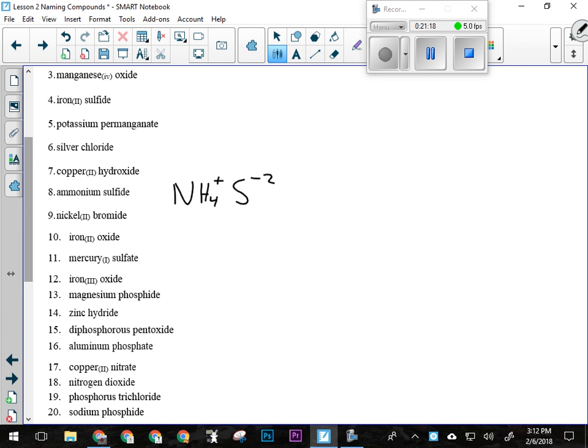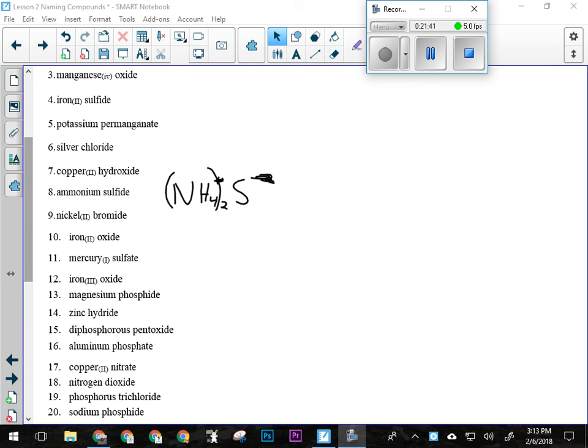Now, if I have a polyatomic ion and I need to put a number beside it, what do I have to put it in? Brackets. So I'm going to have (NH4)2S. That's going to be my formula for ammonium sulphide. That is the only polyatomic ion that will be on the left.